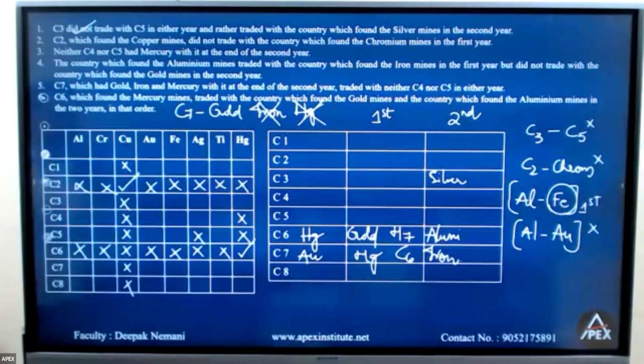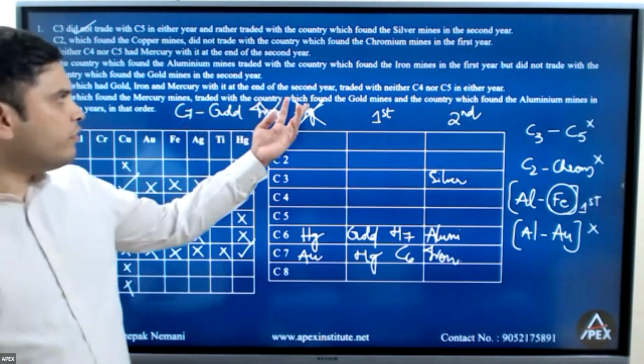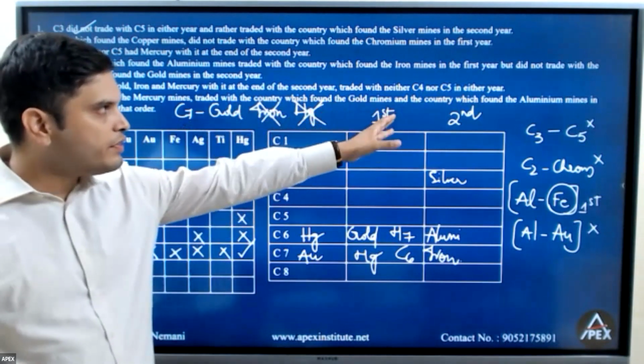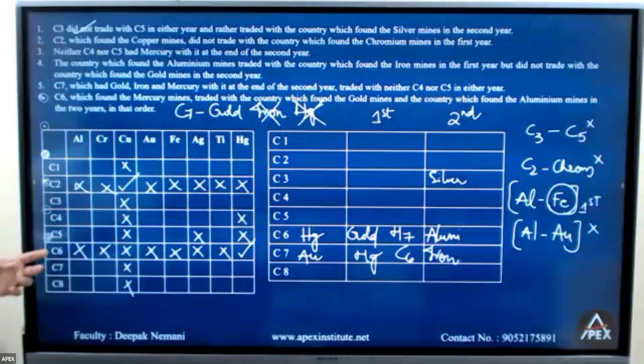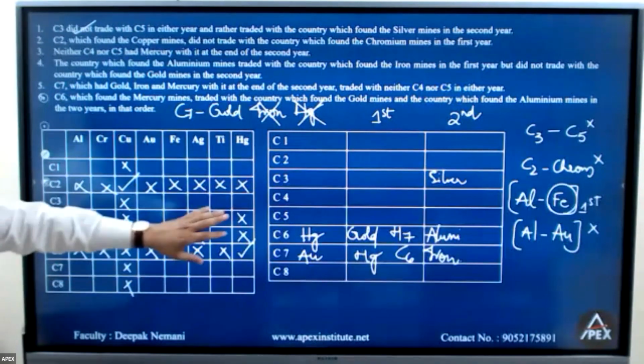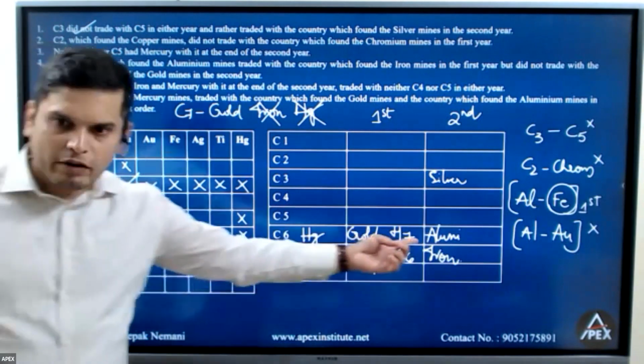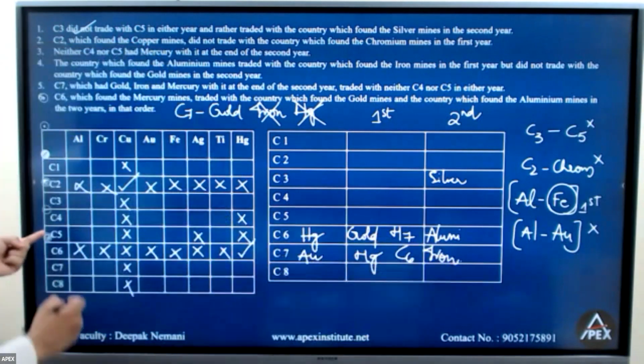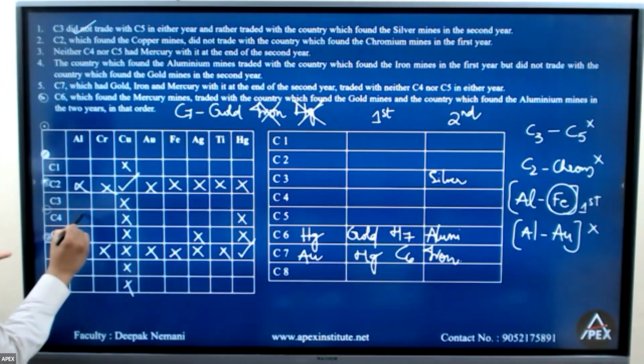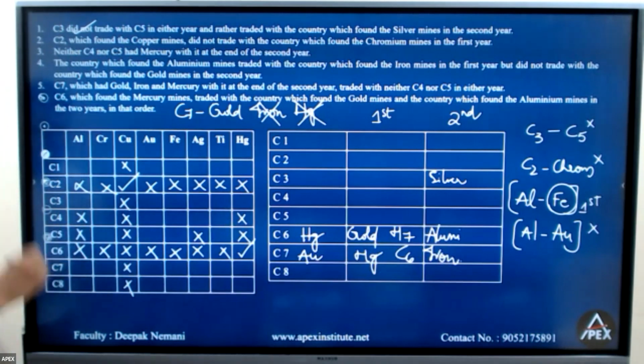Now C7 which had gold, iron, mercury with it at the end of the second year traded with neither C4 nor C5. So can I say C4 and C5 do not have aluminium? This cannot be C4 or C5. Okay, so C4 is not aluminium, C5 does not have aluminium.